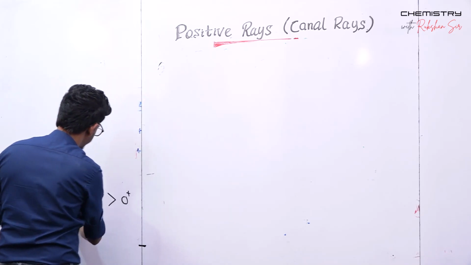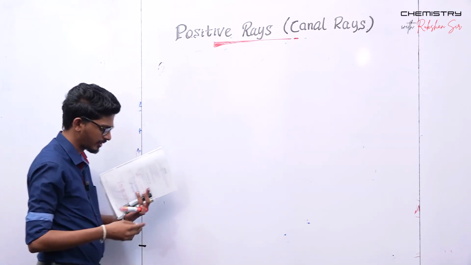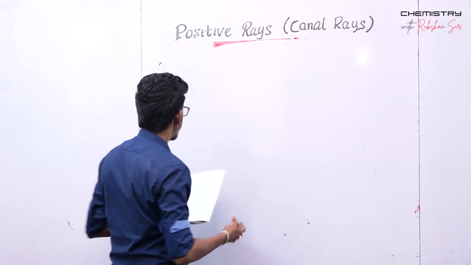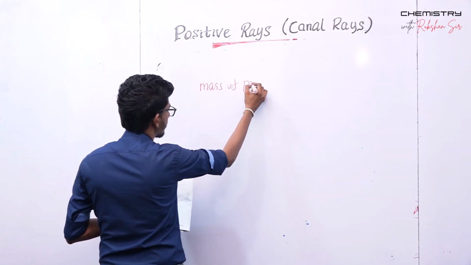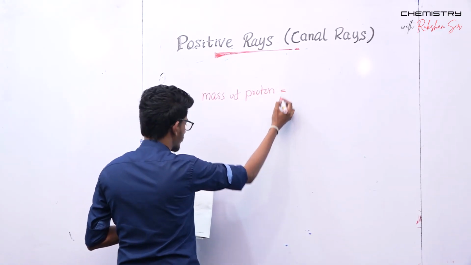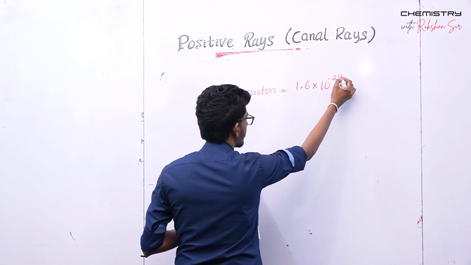On the next page, you have some properties of protons. Just write these things. The mass of proton is 1.6 into 10 to the power minus 24 grams.